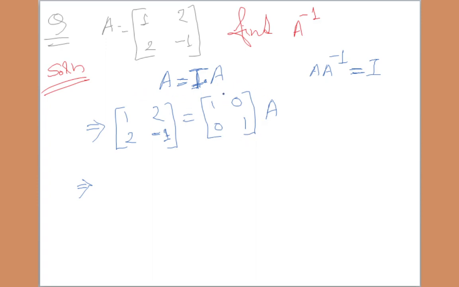The main motive is A into A inverse is equal to I. That means we have to make this matrix an identity matrix by using elementary row transformation.